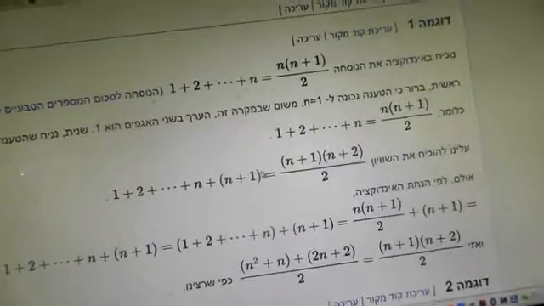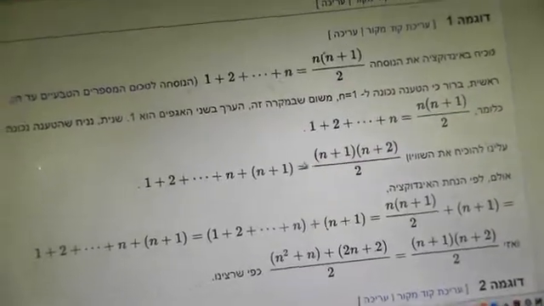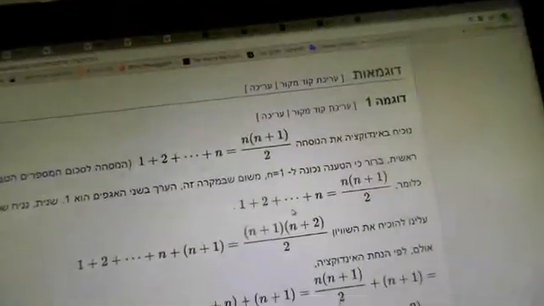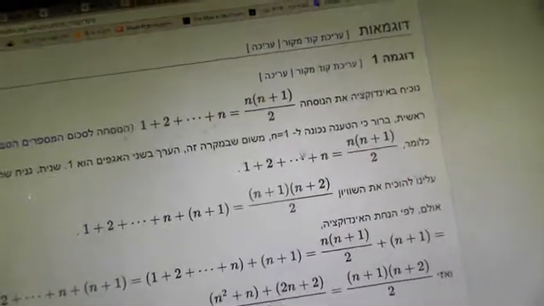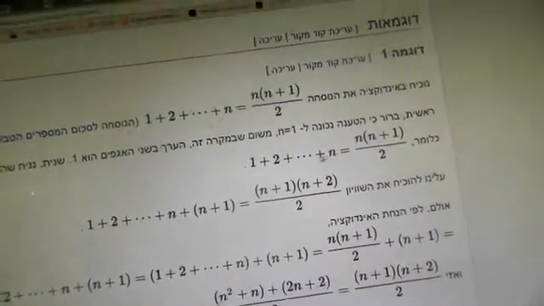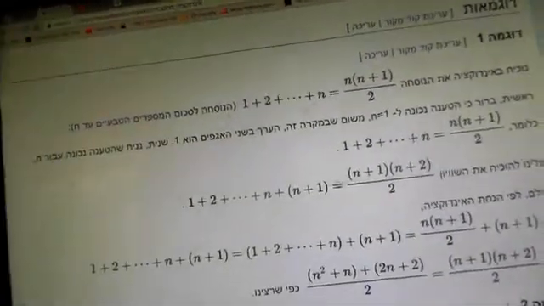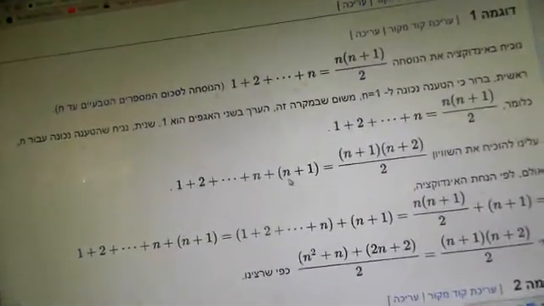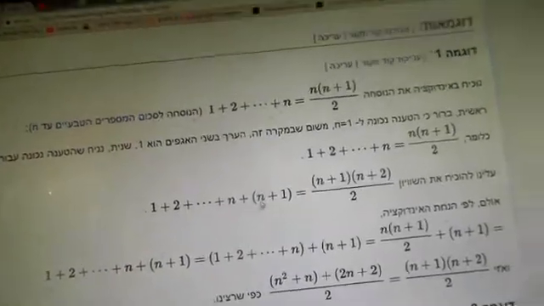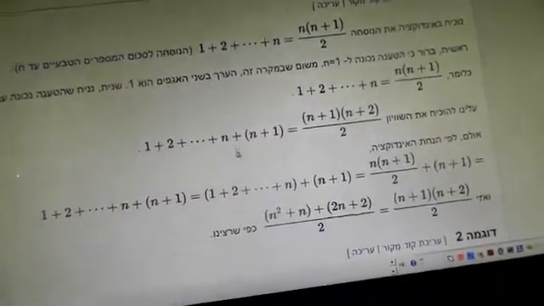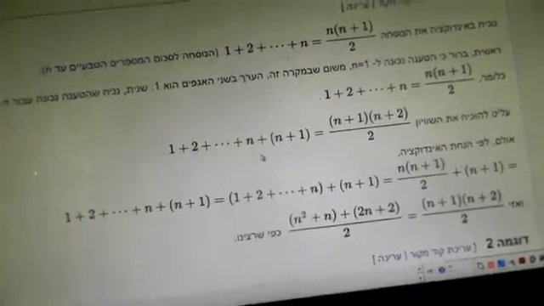We proved it according to our assumption that the first equation is true. According to our assumption that our statement is true for n, we proved it that is true also for n plus 1. So that was our example. And what we did in the first step, we checked that our statement is true for n equals to 1.